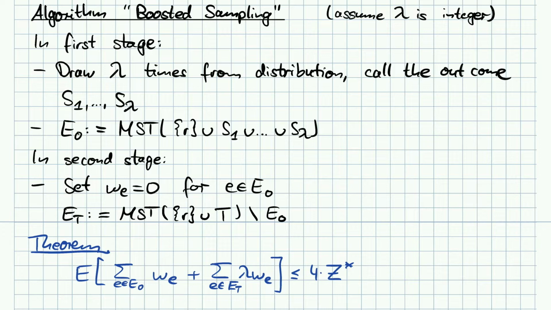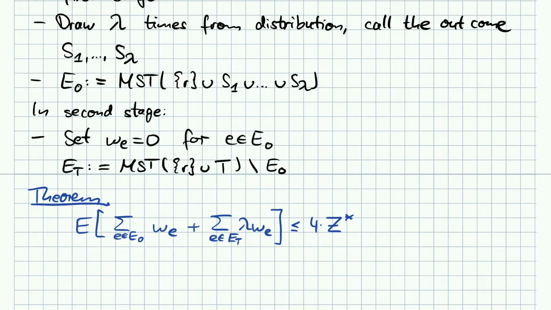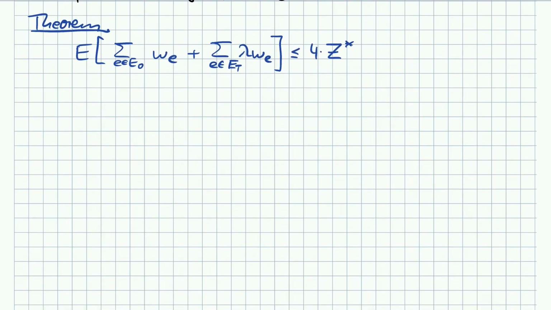So we have a 4 approximation to the optimal policy. And what do we do? How do we prove this?